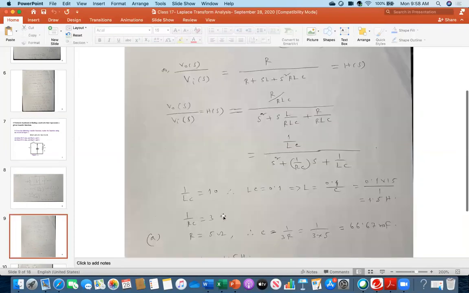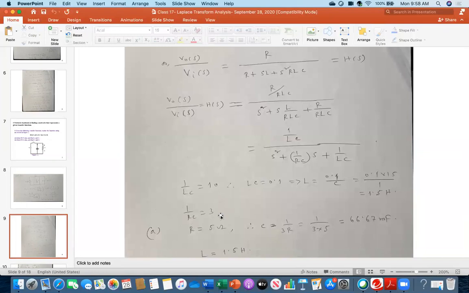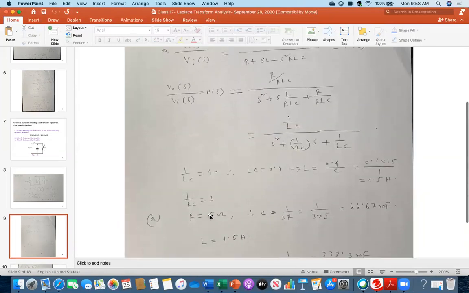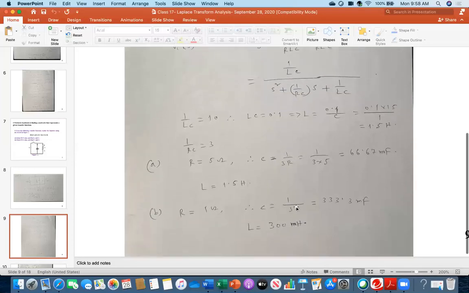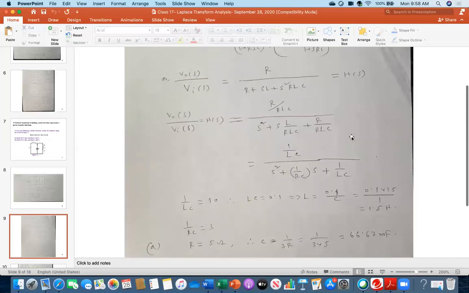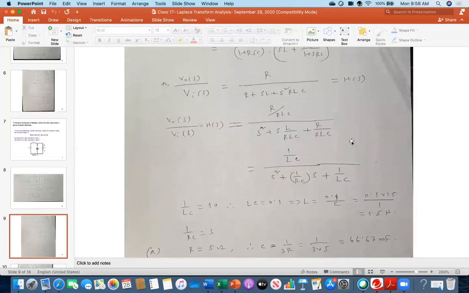So I wrote 1 over RC is 3. R is given, find C. From here, find L. The same thing repeats if R is another value: what is C, what is L. That's all. If you have understood this, you have to do similar things for question number 8 in homework 3. Exactly the same process.